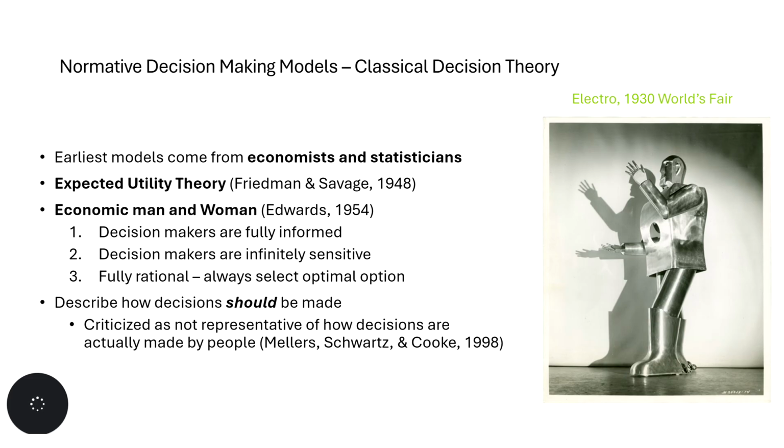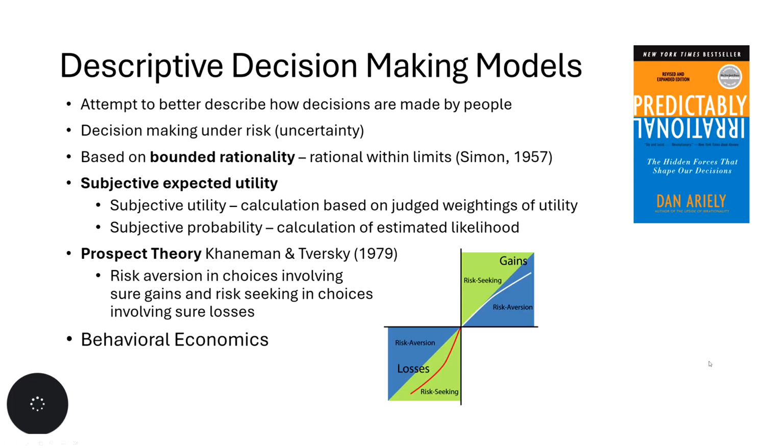And these theories were largely criticized as not representative of how decisions are actually made by real people. And that led into the push for descriptive decision-making models. So this was an attempt to better understand how decisions are actually made by people and how decision-making under risk occurs. It tends to be largely based on bounded rationality theory, so the idea that humans are rational within some circumscribed limit.